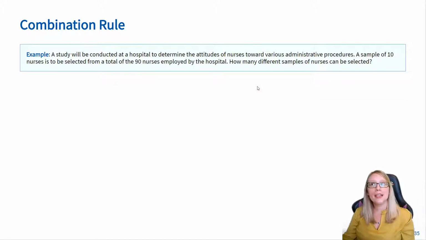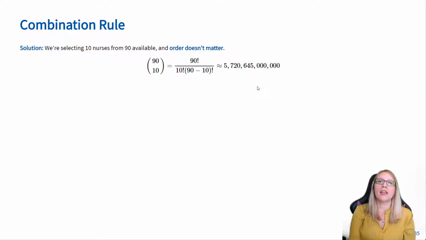So let's say that a study will be conducted at a hospital to determine the attitudes of nurses toward various administrative procedures. We're going to select 10 nurses to survey out of 90 total that the hospital employs. It doesn't really matter the order in which they complete this survey. Nurse 1 can complete it before nurse 2 or vice versa. Shouldn't make a difference. So this is a combination type problem.